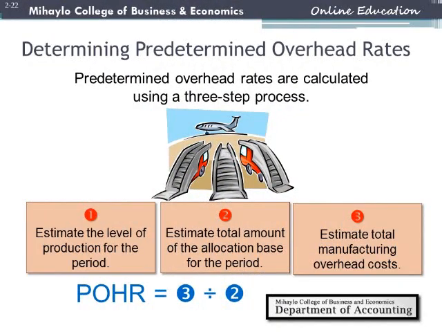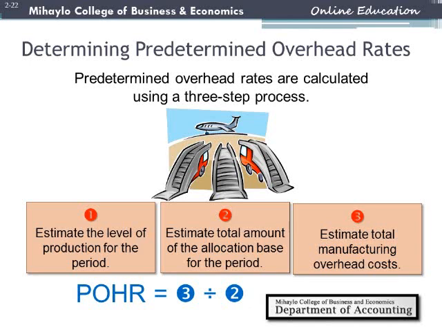The predetermined overhead rate is calculated using a three-step process. We must estimate the level of production for the period. Next, we estimate the total amount of the allocation base in the denominator that would be required for that level of production. Finally, we estimate the total manufacturing overhead cost in the numerator that would be incurred for the estimated amount of the allocation base.